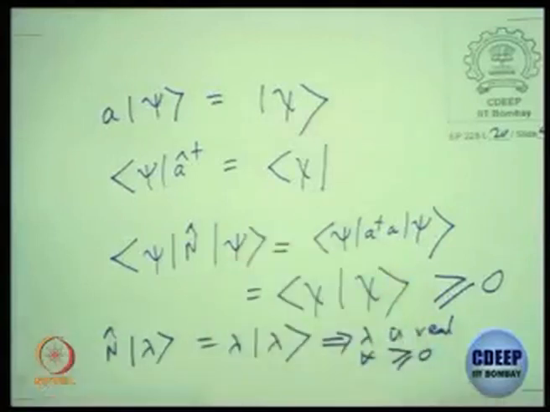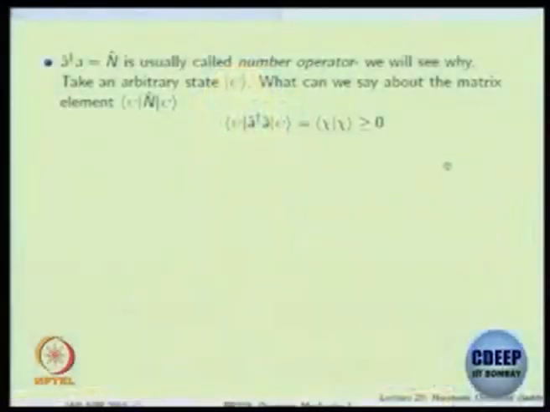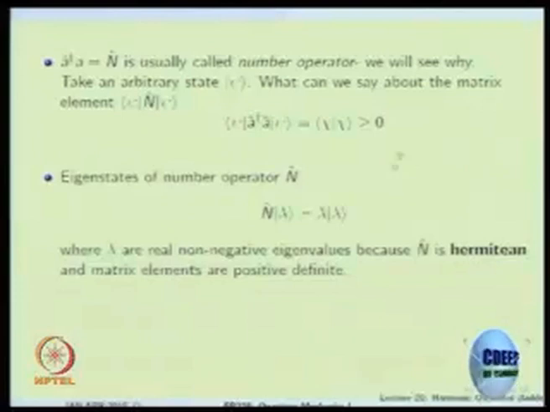Both the conditions apply. As we have already worked out, the matrix element has to be positive definite. Eigenstates of the number operator n hat, with eigenvalue lambda, have to have real non-negative eigenvalues because n is Hermitian and matrix elements are positive.